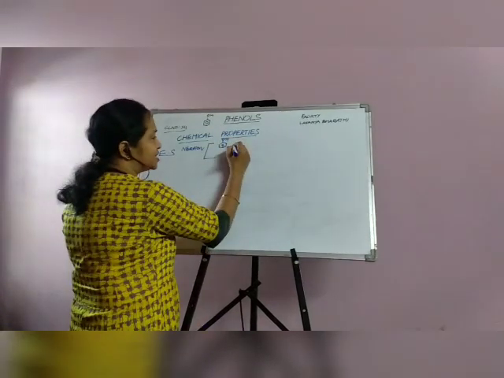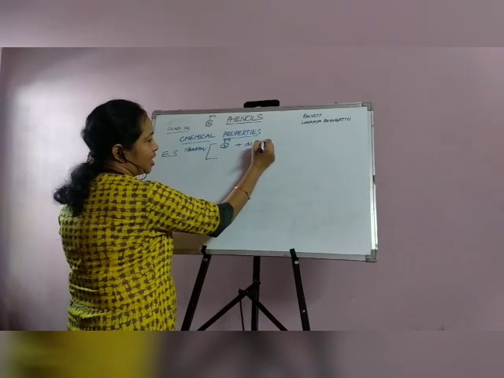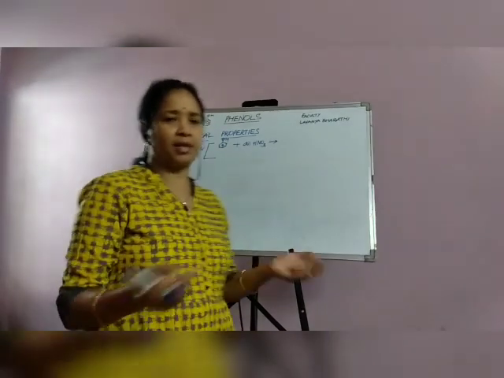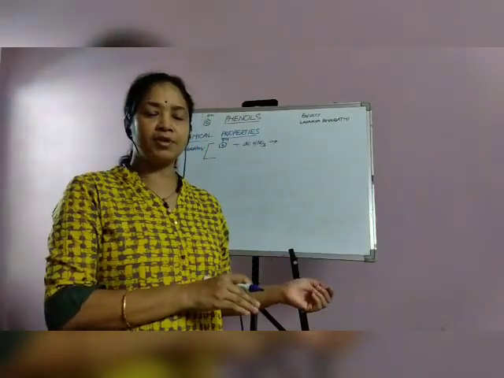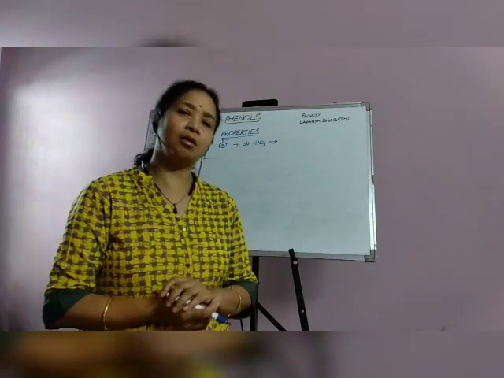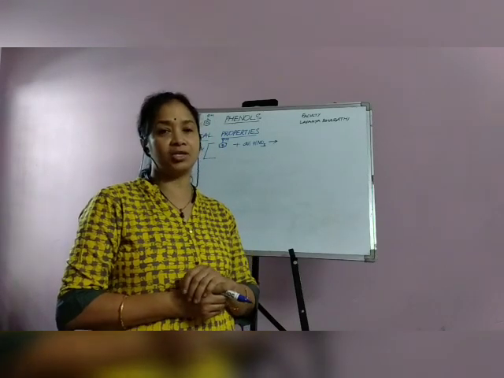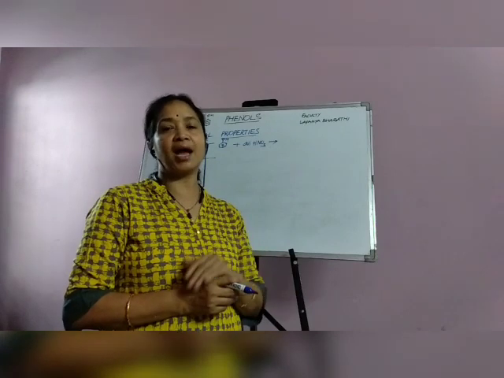C6H5OH. This, when it is treated with dilute nitric acid, dilute HNO3, then you can get both ortho substituted nitrophenol and para substituted nitrophenol. You know about the ortho position and para position. Ortho positions 1 and 2 or 1 and 6, and para position 1 and 4.